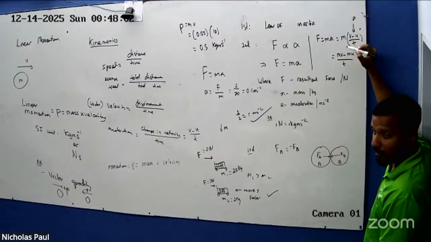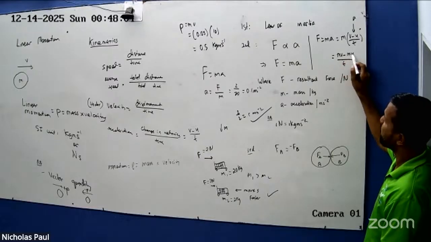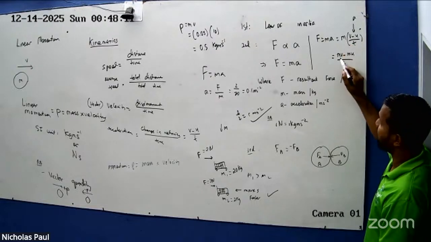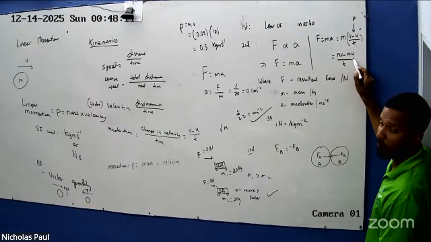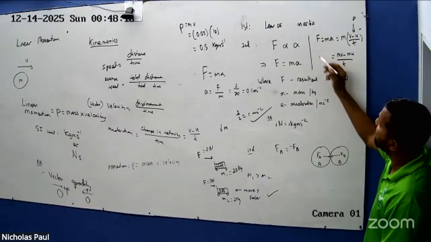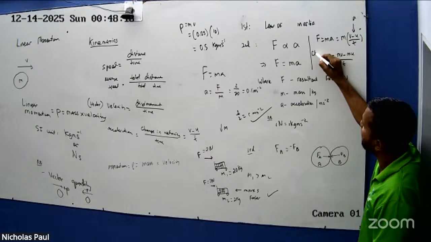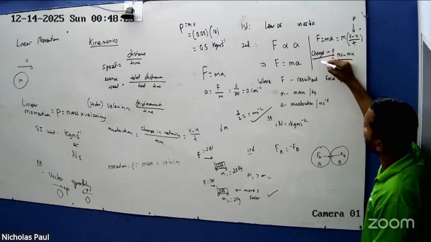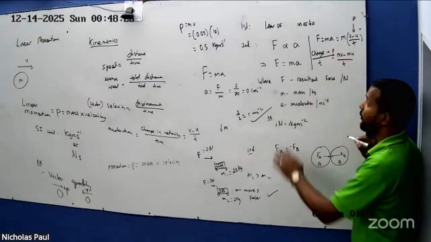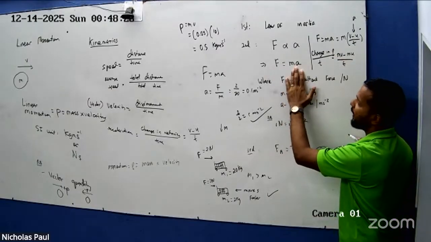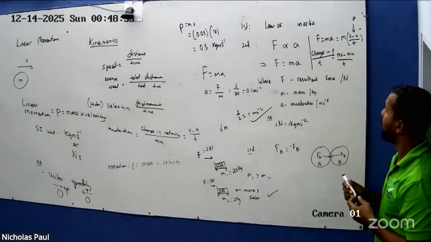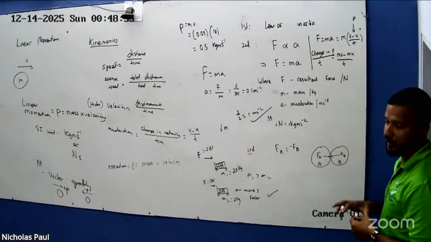What's mv? Momentum. So this is your final momentum, this is your initial momentum. So Newton's second law could be written as change in momentum over time. Newton's second law could be F equal to ma or change in momentum on time.